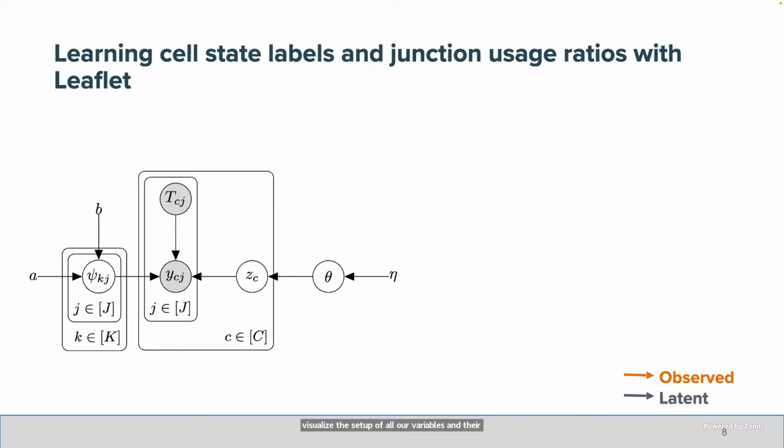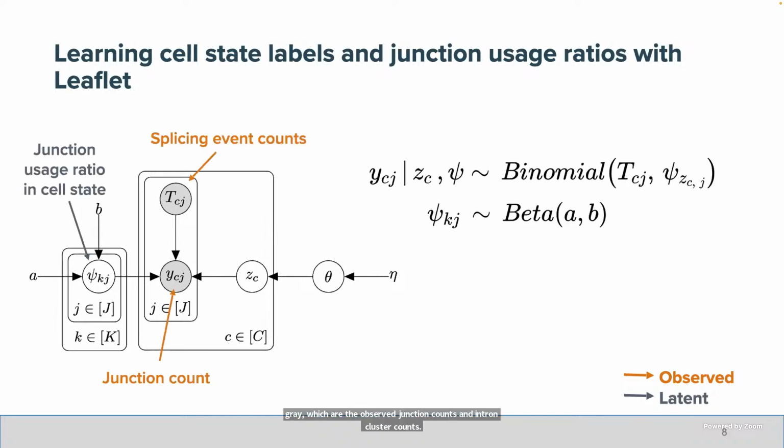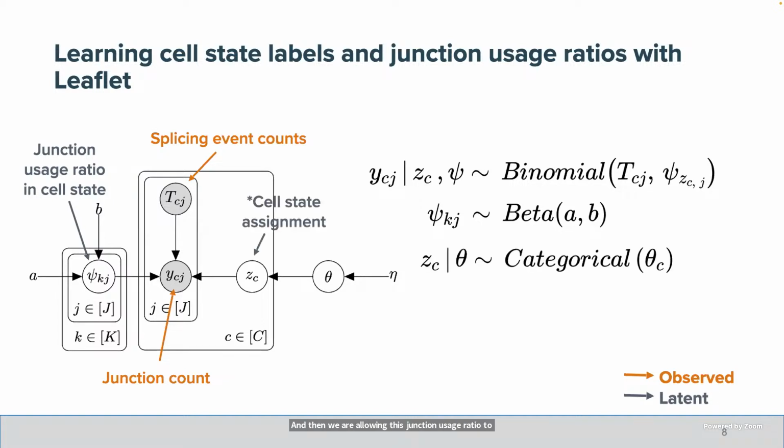The two that I've already mentioned are shown in gray, which are the observed junction counts and intron cluster counts. Then we have the PSI value, which represents the learned junction usage ratio, which we can model as we're learning all of these things. We allow this junction usage ratio to vary across cell states K. Uniquely, we also have this cell state assignment variable, where we're simultaneously learning for each cell what cell state assignment it is coming from, while also learning which junctions are contributing to each cell state.